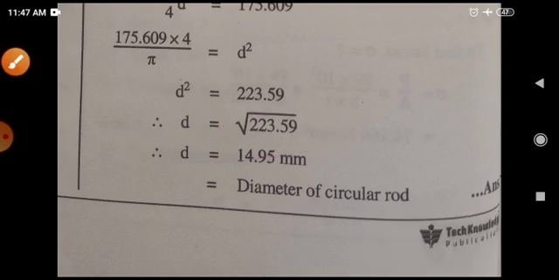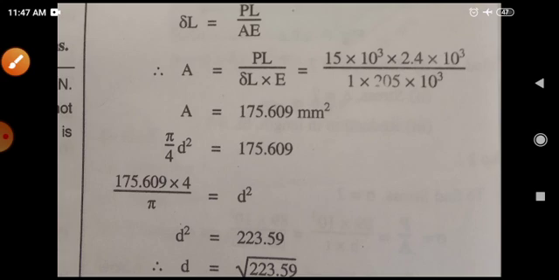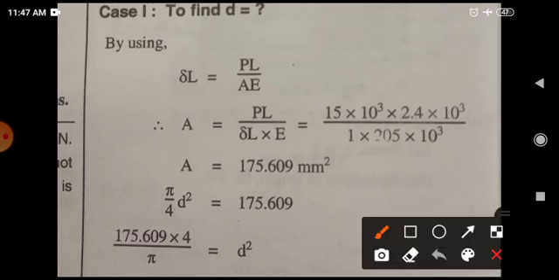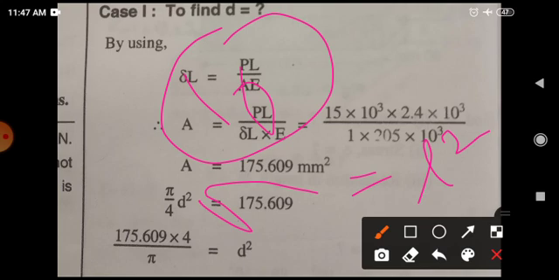Now if they told you the cross section is square, what is the area of a square? It is L square. In that case you just have to directly take the square root of 175, which will be up to 16 millimeter. So the side length of that square section will be 16 millimeter.